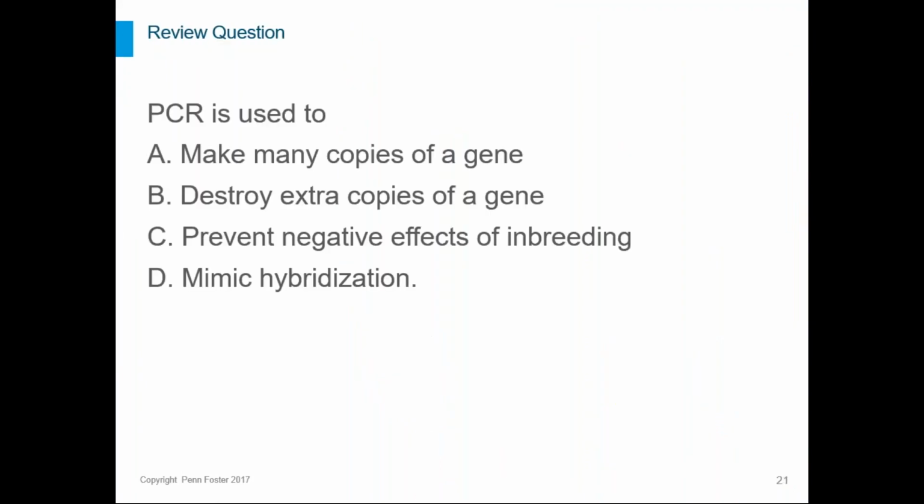So quick review question about that. What is PCR? PCR is used to what? Our options are A, make many copies of a gene, B, destroy extra copies of a gene, C, prevent negative effects from inbreeding, or D, mimic hybridization. I'll give you 10 seconds to think about it.